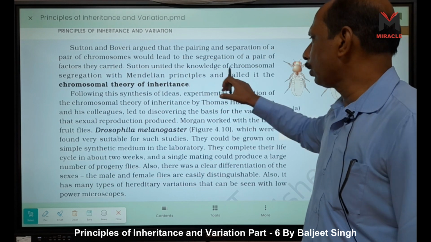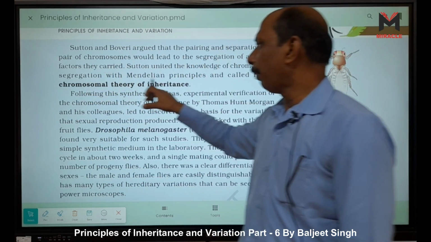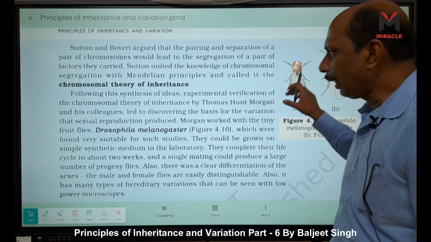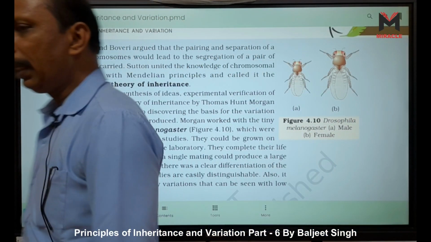Sutton united the knowledge of chromosomal segregation with Mendelian principle and called it the chromosomal theory of inheritance.